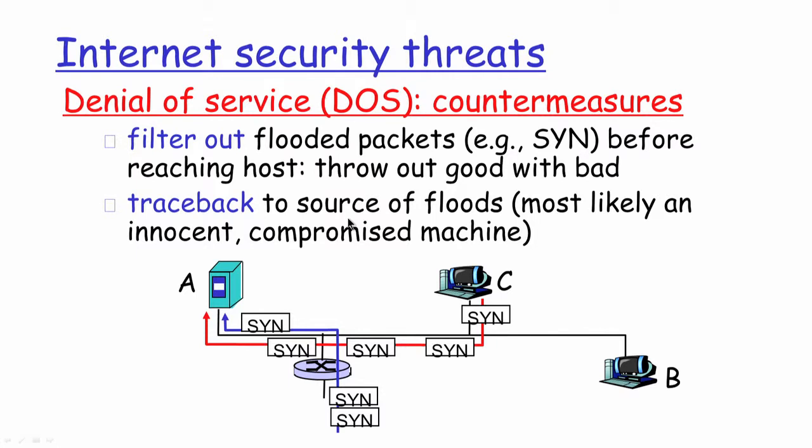It is also a possibility that even though I trace back to that source machine, that machine itself is very innocent and is not triggering this, but because of some loopholes that existed there, that machine would have been compromised first, and because of that, it would have been used as a source for generating these attacks by the attacker, right.